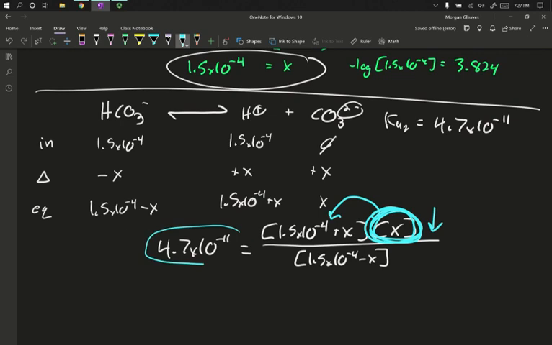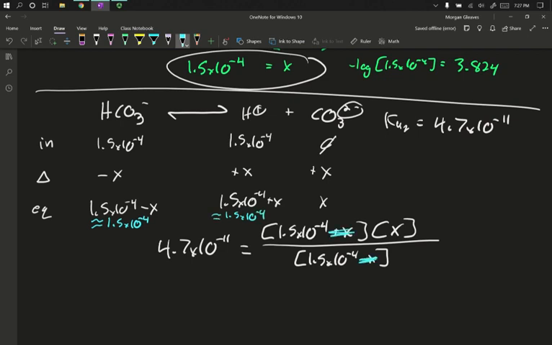I need it to shrink a lot if I want to get down to 10 to the minus 11. So x must be excruciatingly small here to pull this off. So yeah, we can fairly safely assume that the change by x is going to be really small versus the starting amounts that are there.